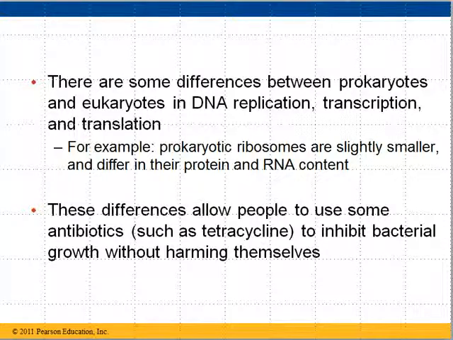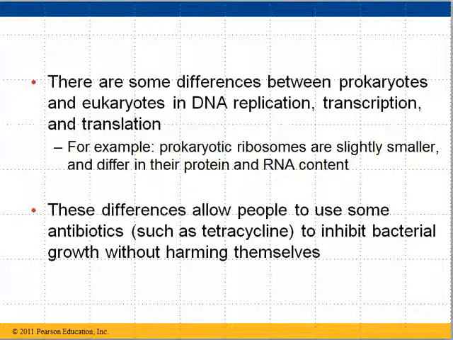Even though DNA is the same in all living creatures as far as being made up of the four nucleic acids that we've already discussed, there are some differences between prokaryotes and eukaryotes in DNA replication, transcription, and translation. For example, the prokaryotic ribosomes are slightly smaller and they differ in their protein and RNA content. So there are some differences, but the basic feature of DNA is the same in all living creatures.